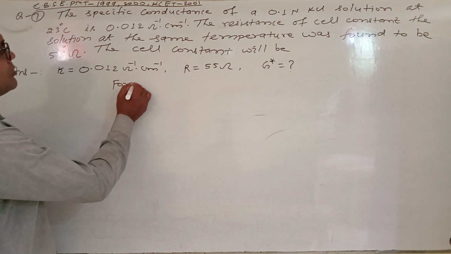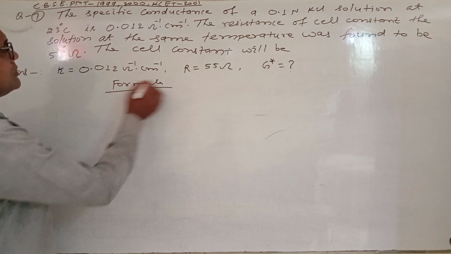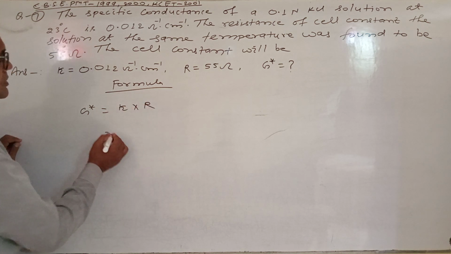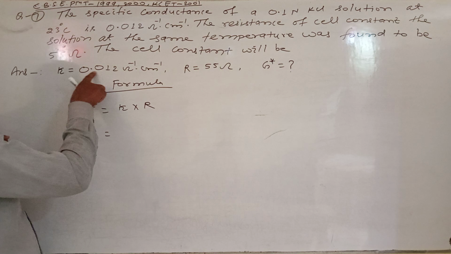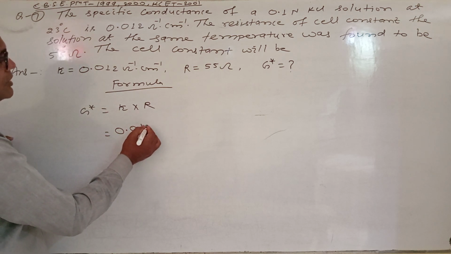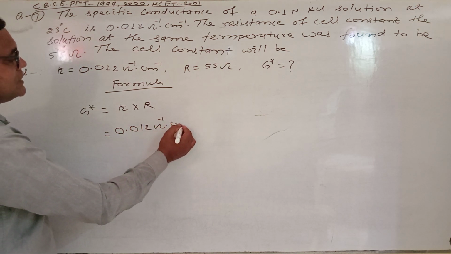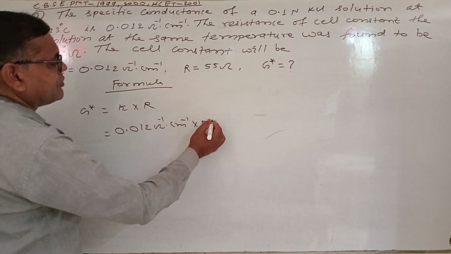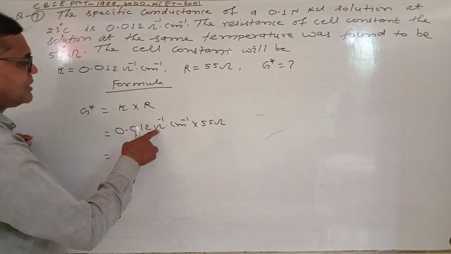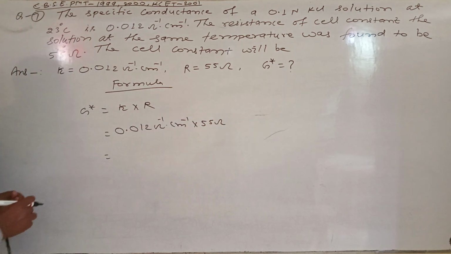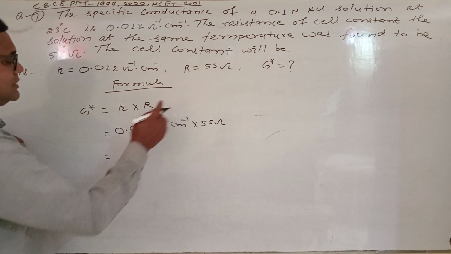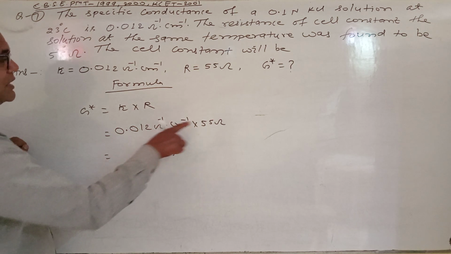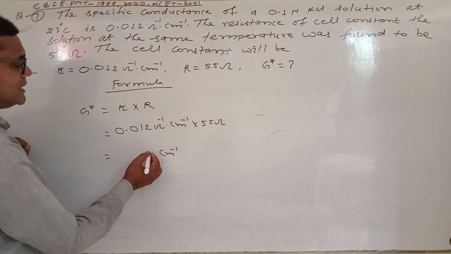We write a formula. G star is equal to kappa into R. The value of kappa in the question is 0.012 ohm inverse cm inverse, and the value of R is equal to 55 ohm. Ohm inverse and ohm are cut out. Cm inverse rest. The unit will be cm inverse. We multiply 12 and 5. We get 60.